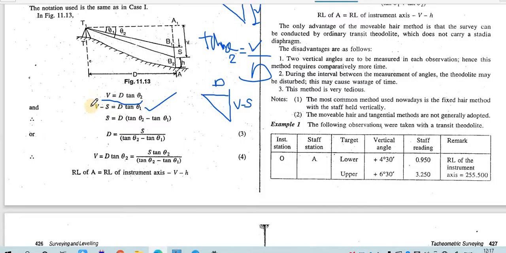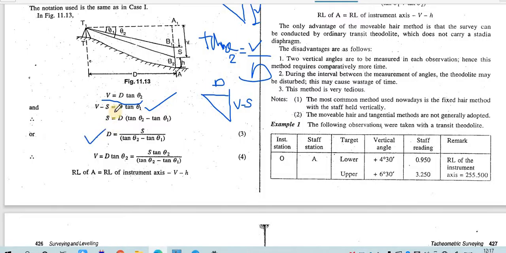Now we will put this value of V, D tan theta 2, over here. Then we need the value of only S, so we'll take S on the right hand side and all the other terms on the left hand side. So D tan theta 2 minus D tan theta 1, D common.